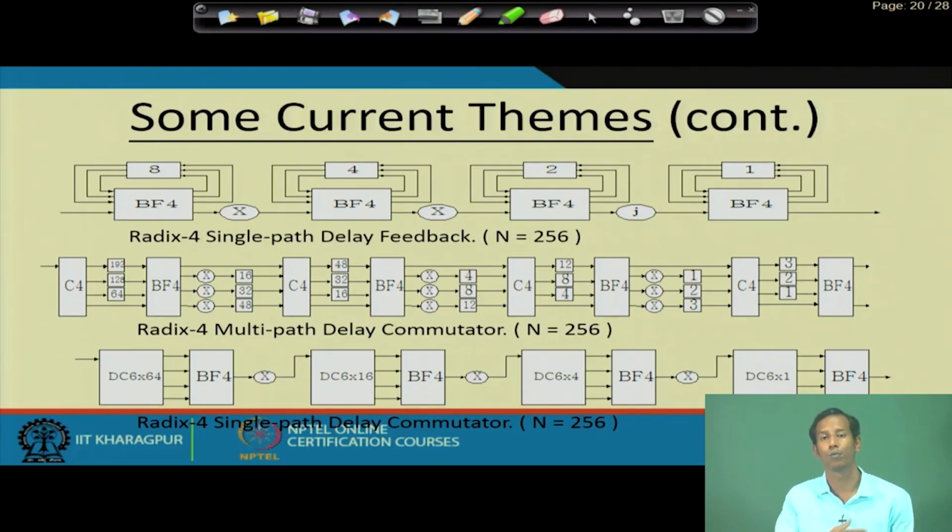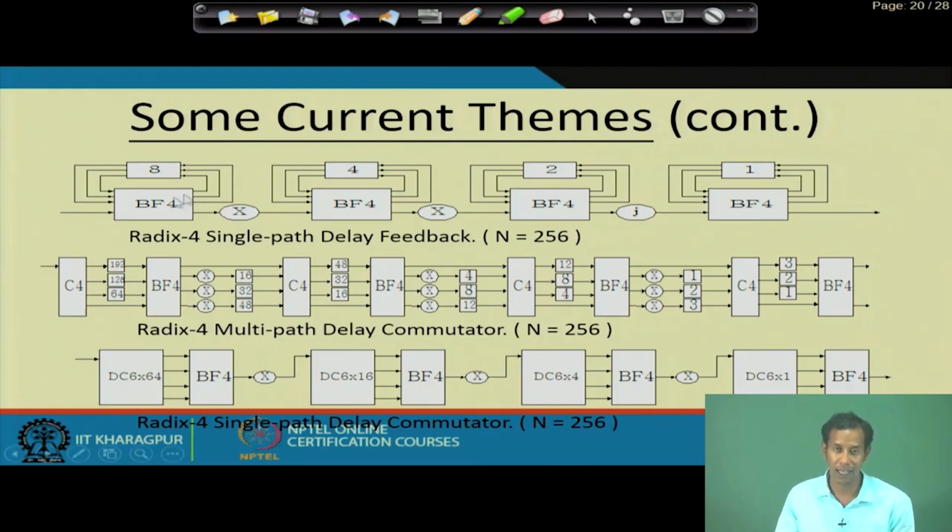Whenever we put more processing elements and more area, the processing speed, the speed of operation of the FFT processor, will be on the higher side.